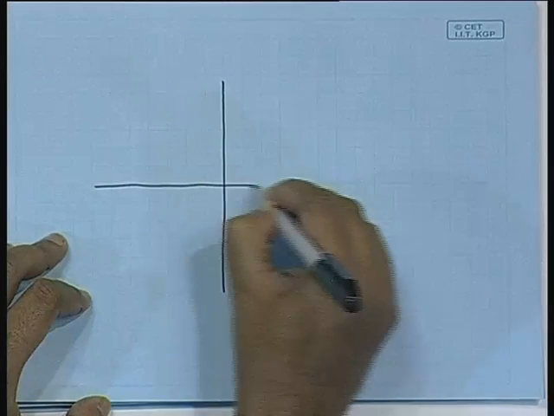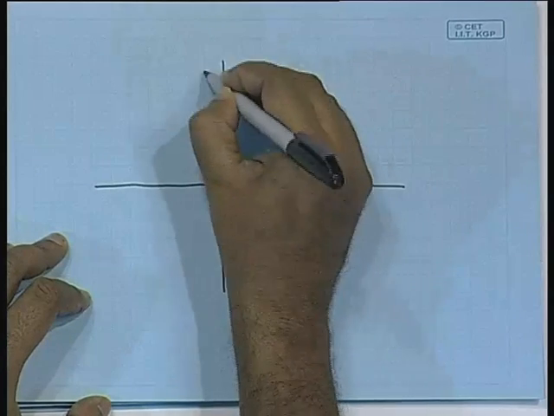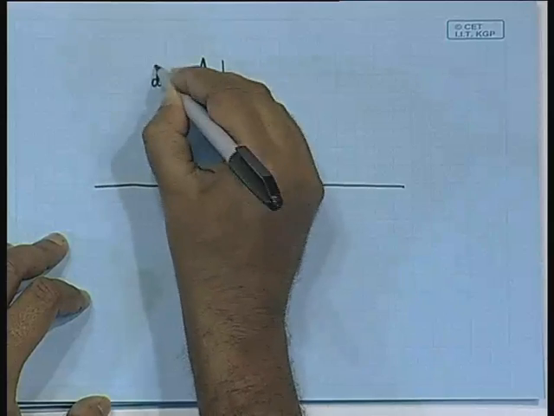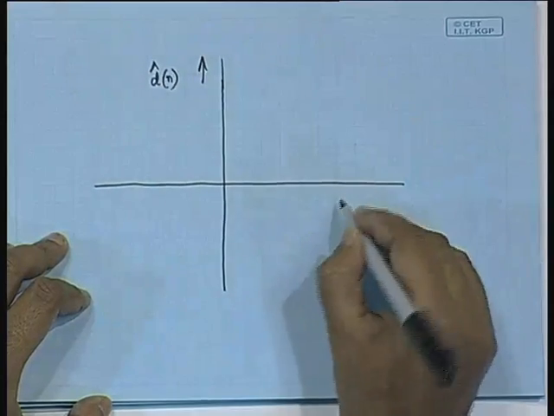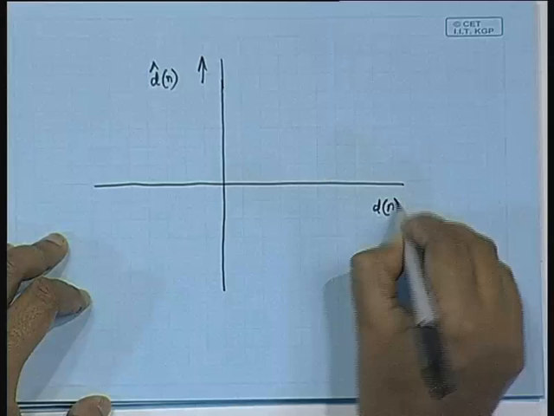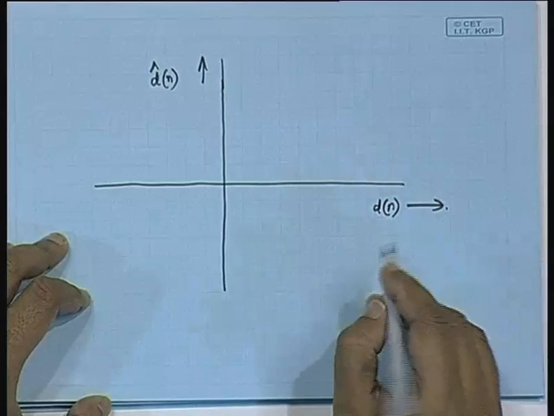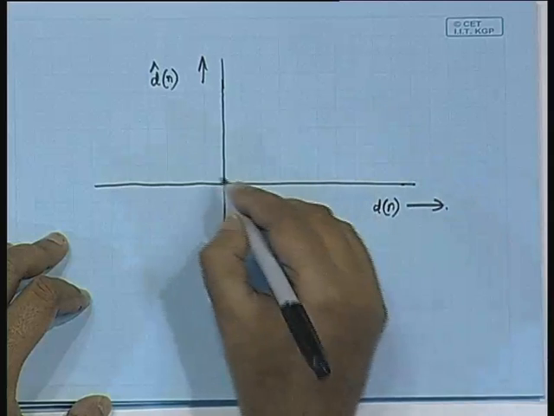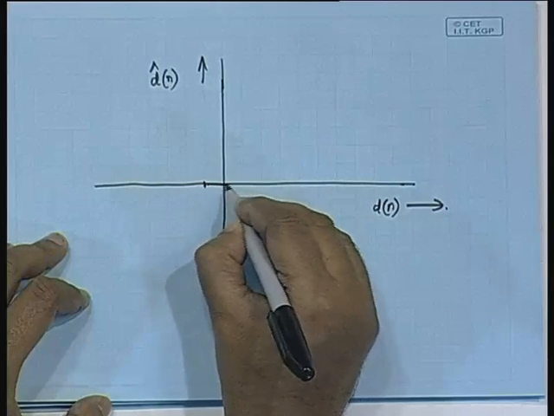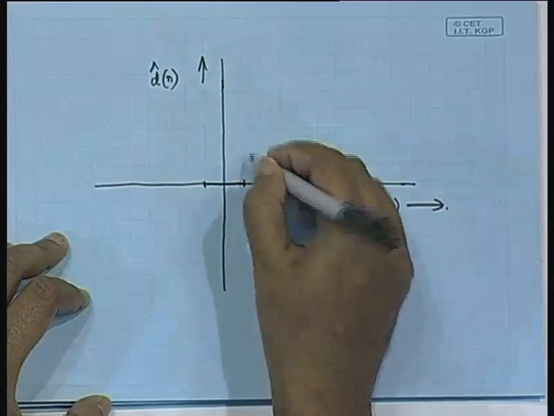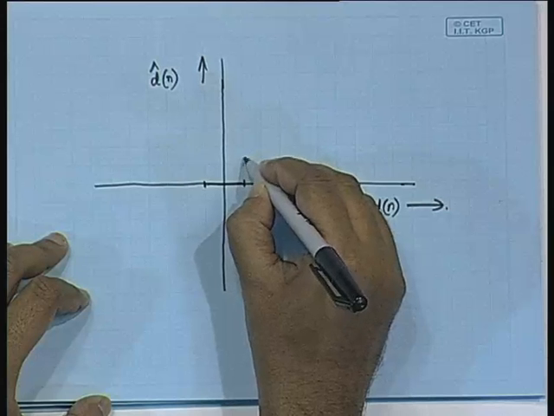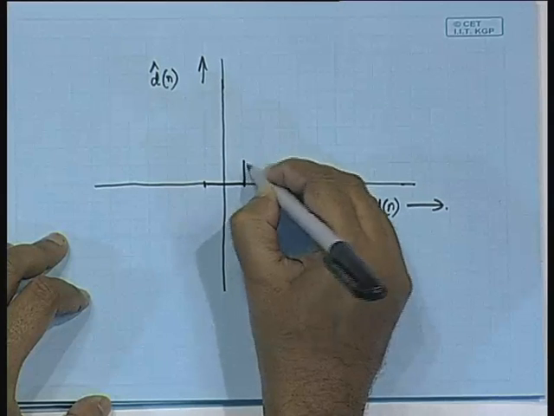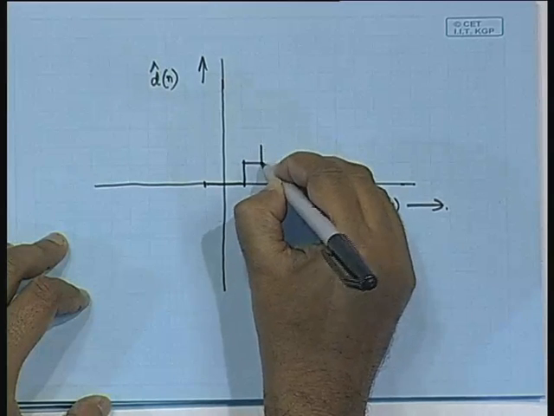On the y axis, if we show d cap of n, and on the x axis d of n, now let us say that we have a mid-tread quantizer, then the quantizer performance could be like this.